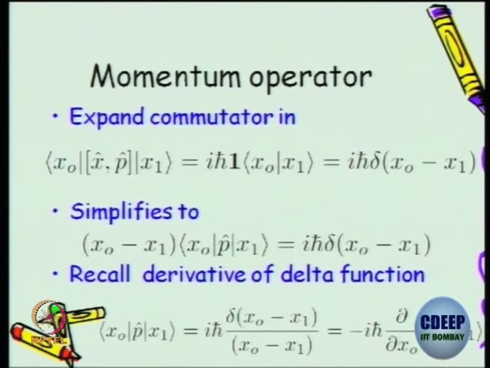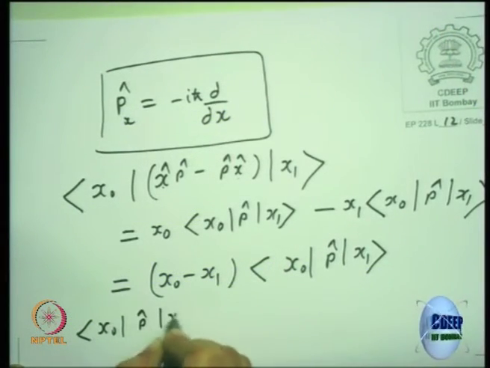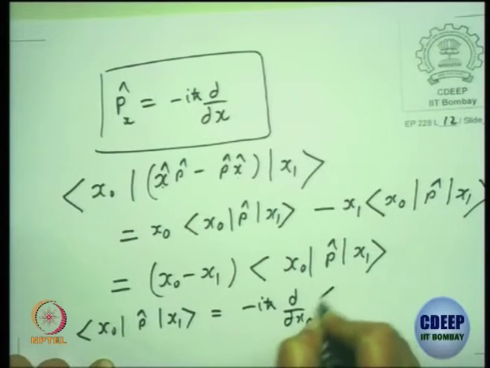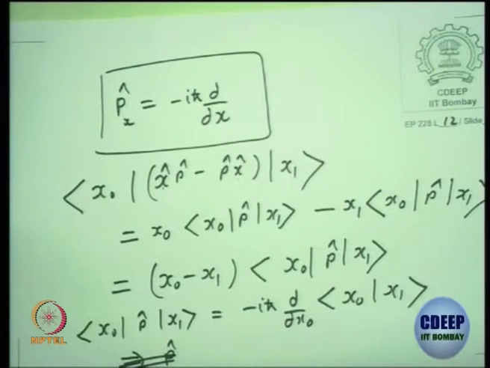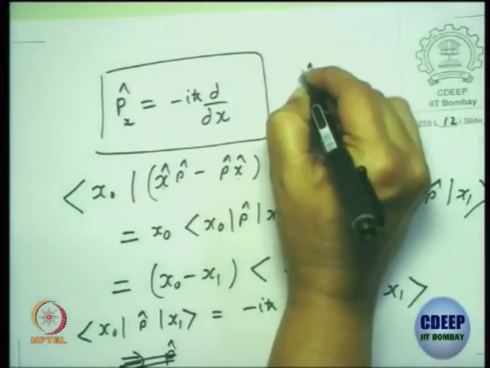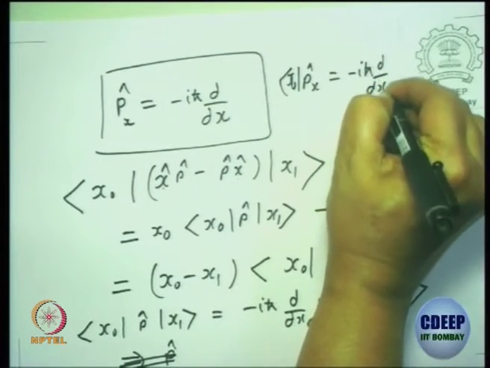Is that clear? So this is all we are trying to say. So this implies the top equation: the momentum operator is minus iħ ∂/∂x, and if this operator px operates on x0, then it will give you minus iħ ∂/∂x0.